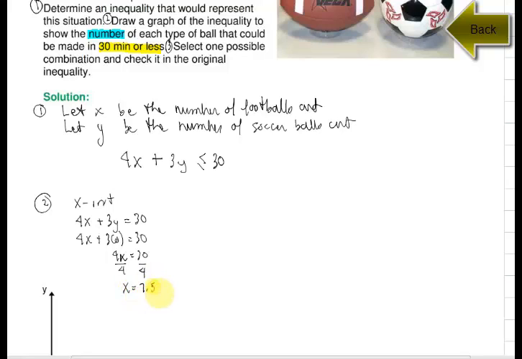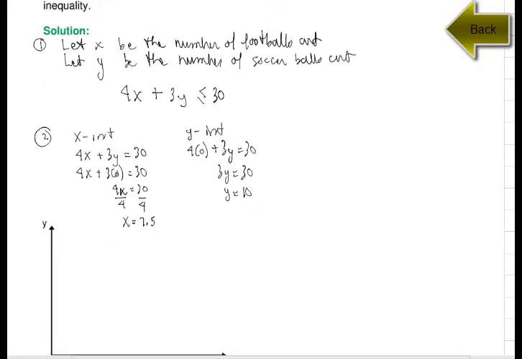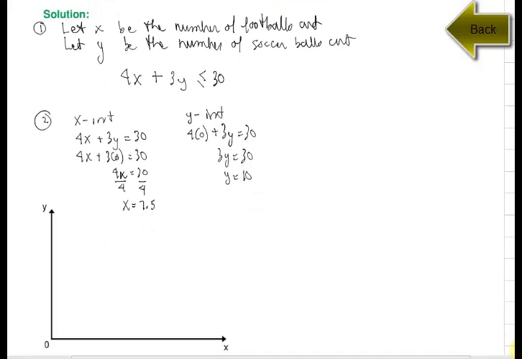So my x-intercept is 7.5. My y-intercept is when x is equal to 0, so I'm going to go 4 times 0 plus 3y equals 30. And so 3y equals 30, so y is equal to 10. And then I'm going to graph this.